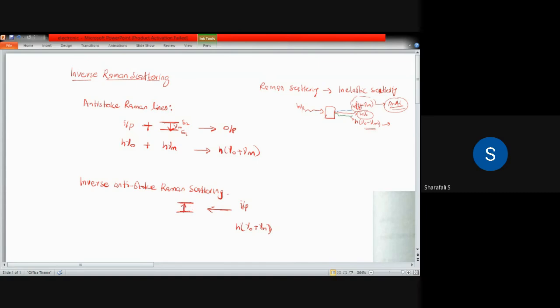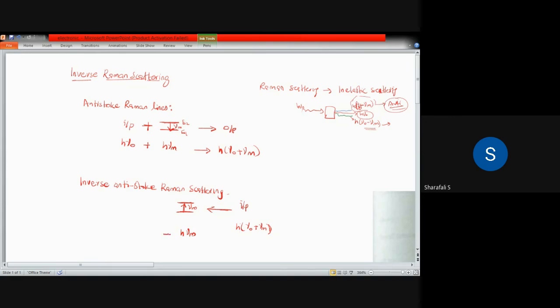The sample absorbs some of the energy from the incident radiation, equal to the frequency nu m, so h nu m is absorbed by the sample in order to jump to the excited energy level.